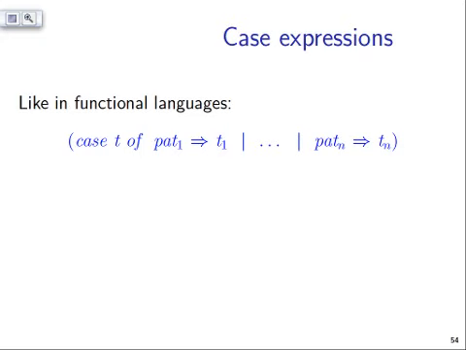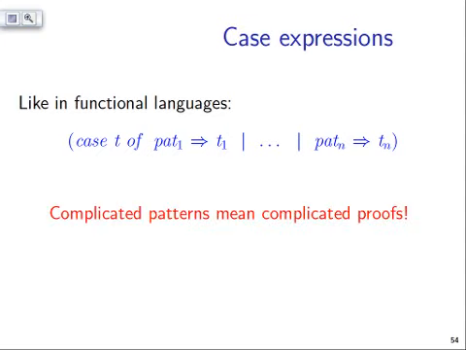The patterns must be constructed from the data type constructors, and the terms can be arbitrary things. Now, this looks very general, and indeed you can write very complicated patterns that way, but try not to, because the more complicated your code is, the more complicated your proofs will be. So you're doing yourself a disservice if you're trying to do something very clever. Try to keep these case expressions very simple.